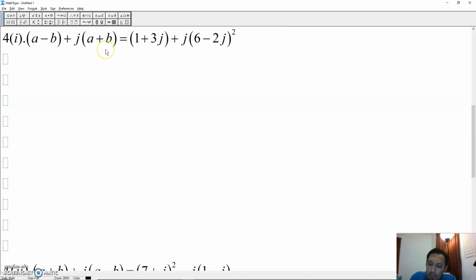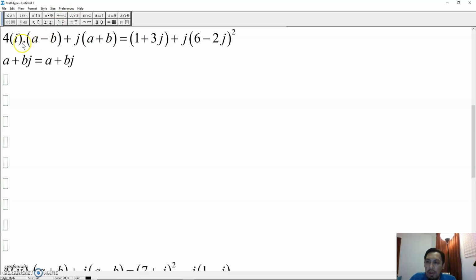For example, two complex numbers are said to be equal if a plus bj is equal to a plus bj. It is obvious, right? We just need to rearrange the formula on one side so that it matches the other side.